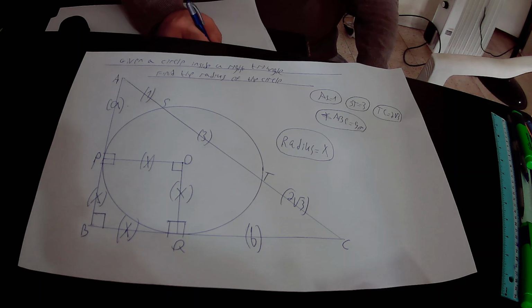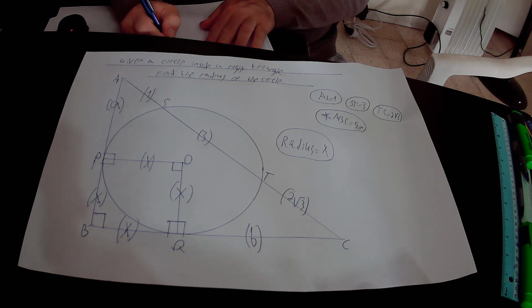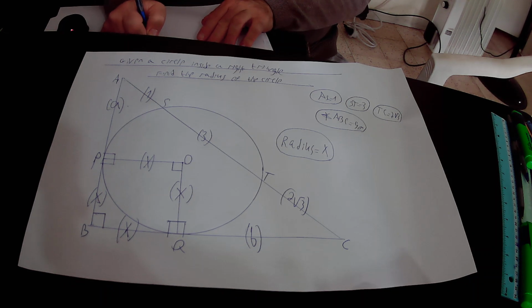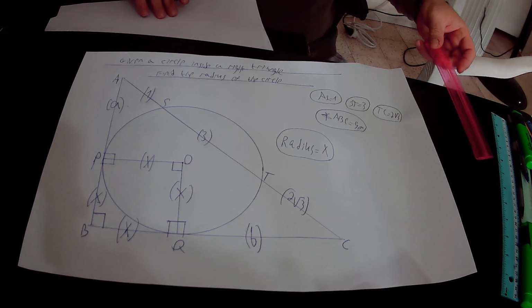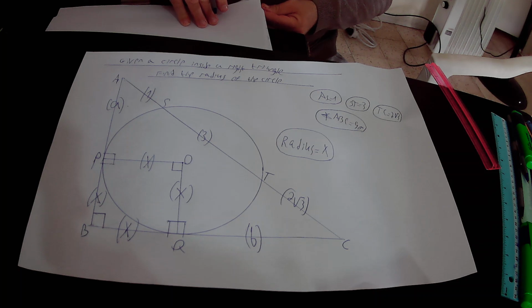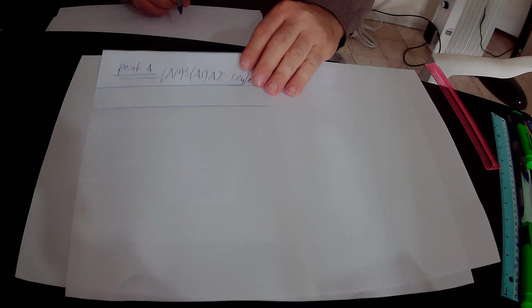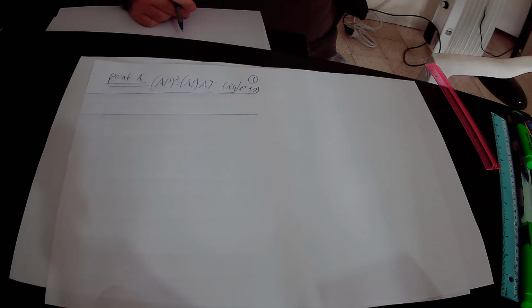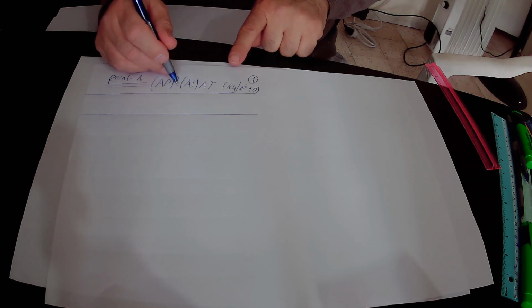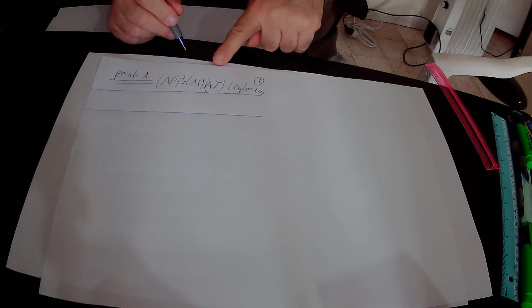So I write it down. According to rule 10, if we focus on the common external point A, the following equation will be true: AP square equals AS times AT.